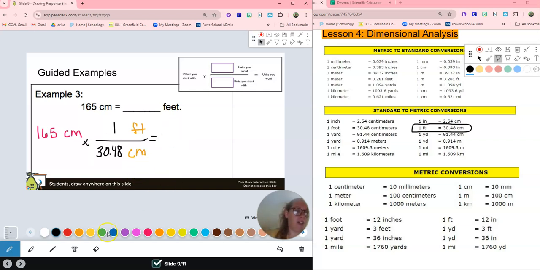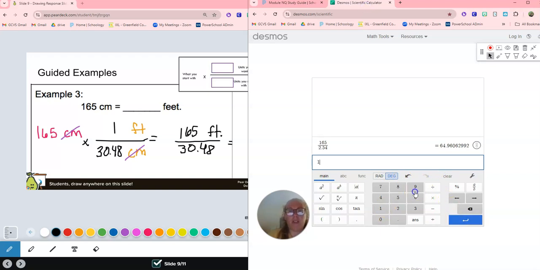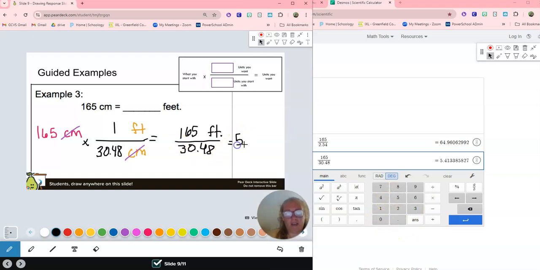So when we multiply across, our centimeter units cancel. And we're left with 165 times 1 gets us 165 feet, divided by 30.48. 165 divided by 30.48 gets us 5.41 feet. Beautiful.